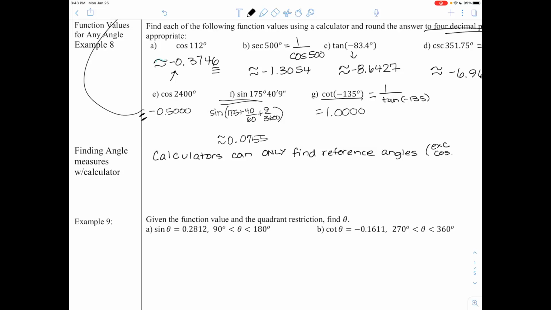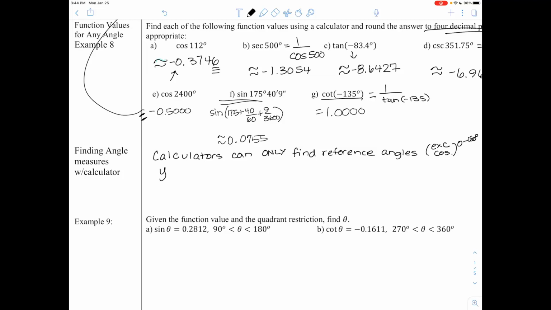When you're looking for cosine, the calculator will give you between 0 and 180 degrees. But for sine and tangent, it's going to give you anything between negative 90 degrees and 90 degrees. Those are the only angles that a calculator can tell you.